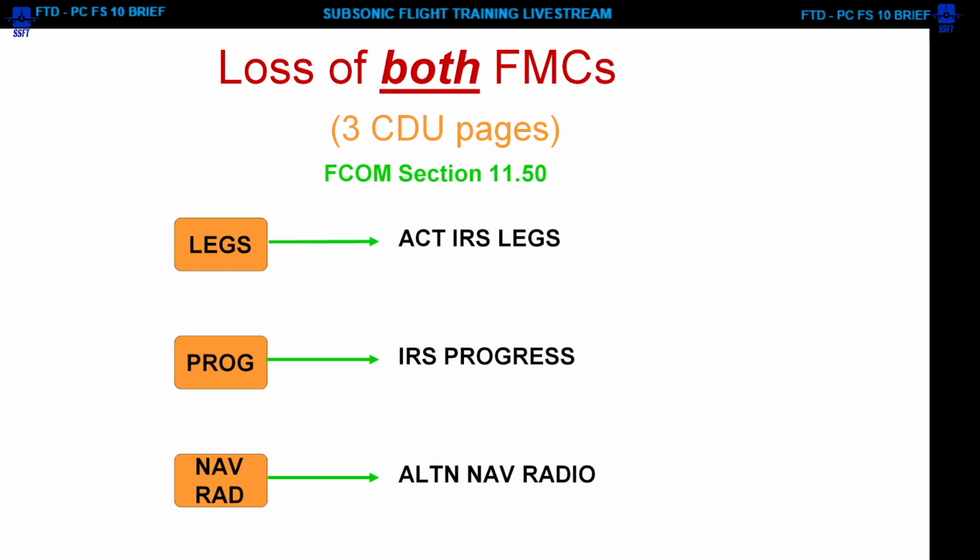All the other pages you lose: VNAV pages, fix pages, the route page, all that stuff's gone. All you have is legs, progress, and navrad.